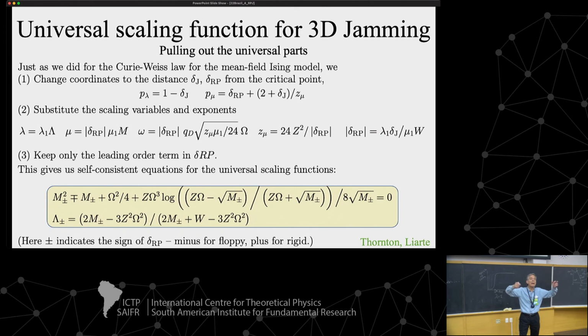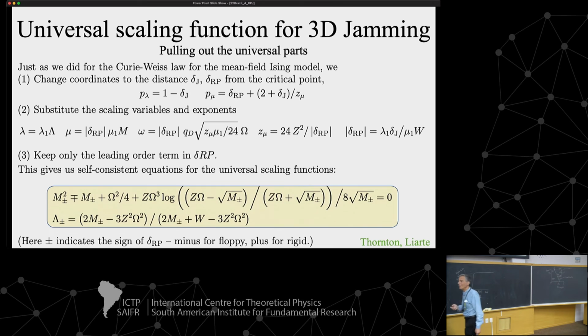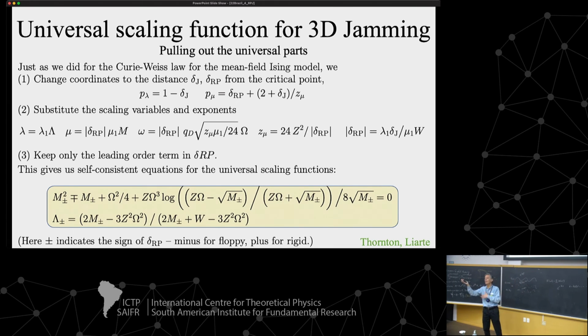It's something I have a handle that I can move. If I had a different model that didn't have a Z but had another bond or something, any other parameter in the model that you aren't using for the relevant directions, you can use to vary the dangerous irrelevant one.